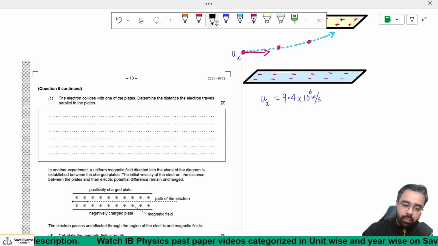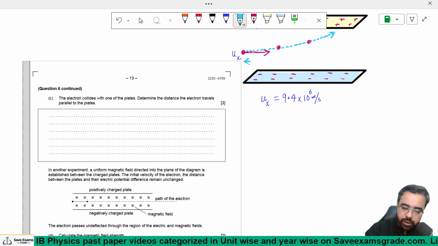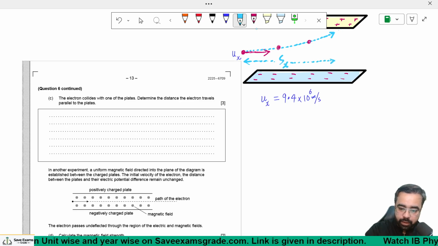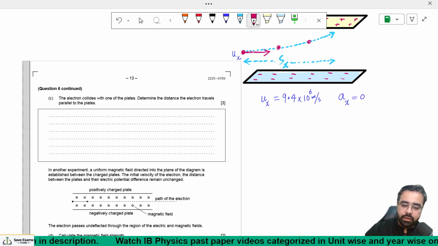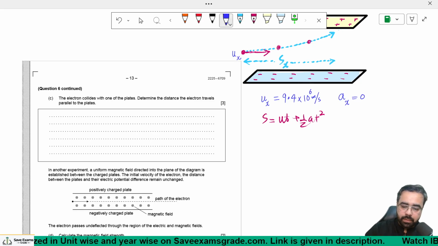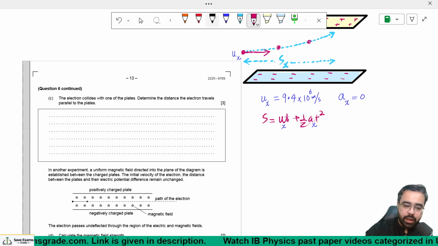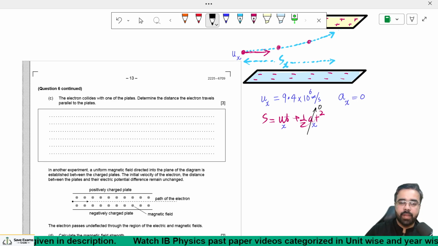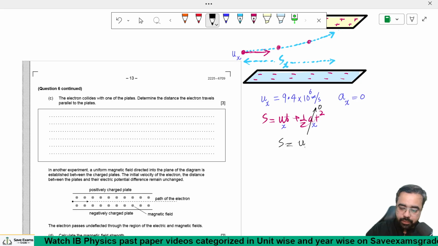What we have to find in this question is the distance that it will travel horizontally, and it has no acceleration in the x direction. Even if you apply the SUVAT equations, because it is moving with constant acceleration, I will take the x component: 1 over 2 a x squared, and this is 0. So finally, you get the horizontal initial velocity multiplied by the time taken.